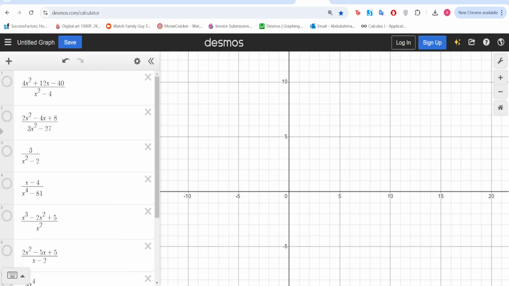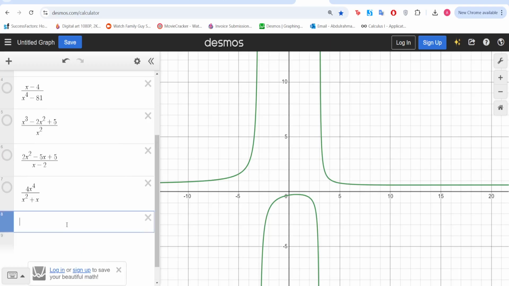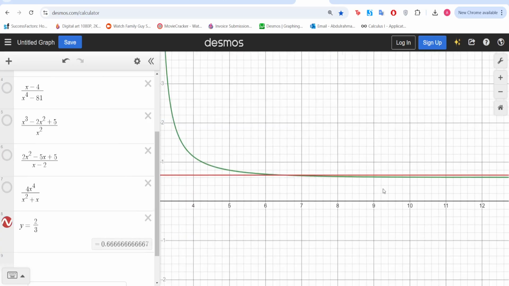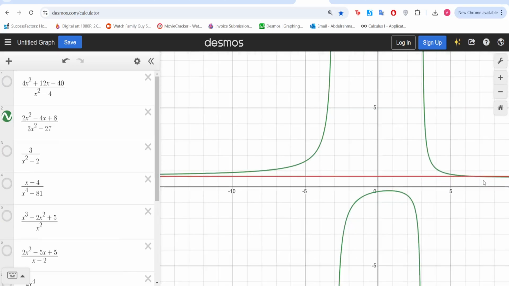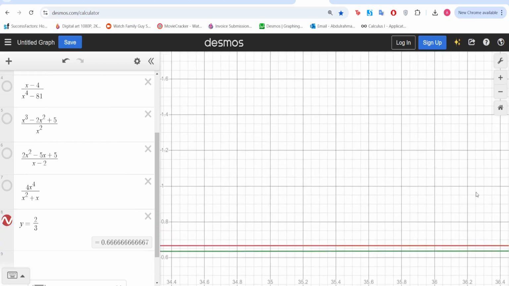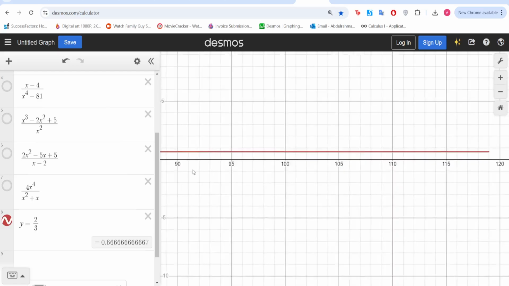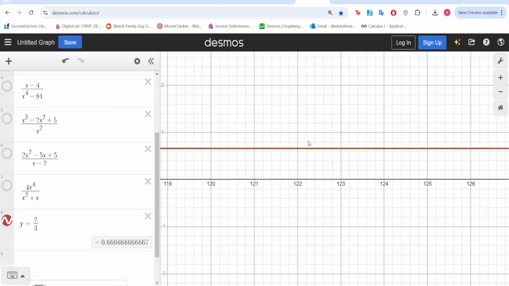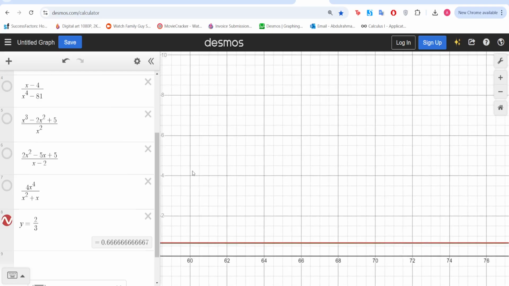To check that, we can plot our function and the line y equals 2 over 3. As expected, as we approach infinity, our lines are approaching each other. So this is a horizontal asymptote. Unlike a vertical asymptote, a horizontal asymptote can actually cross the curve at one point.